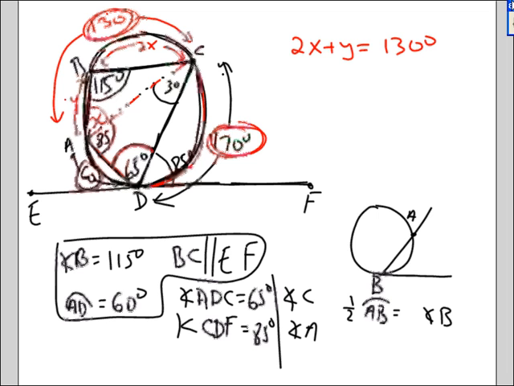And actually, let us call it 2y, because then this would have to be y. And if I divide both sides by 2, I get x plus y should be 65 degrees, which makes total sense because when you add it to 115, you get 180. So all we have to do is figure out what x and y are.